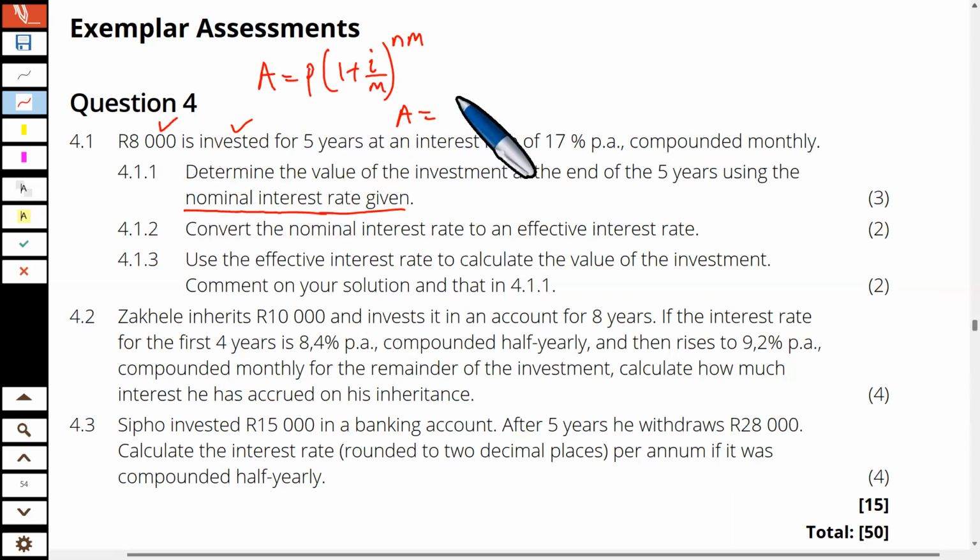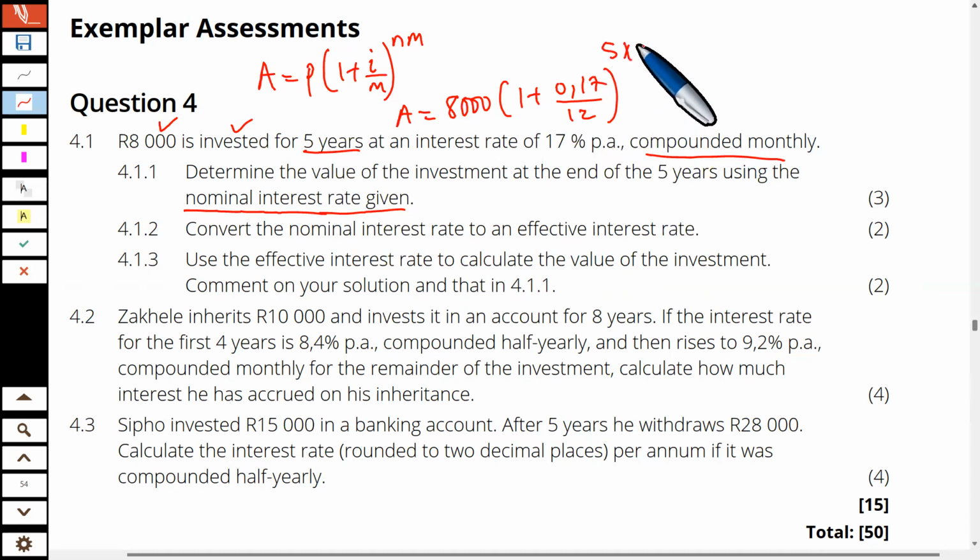It is 8,000. So 8,000 is the present value, into 1 plus, what is the interest rate? It is 0.17 divided by m. What is the m? In this case, it's compounded monthly. How many times per year? It's 12, 12 months in a year, raised to the number of years. How many years are they? The years are exactly 5 times 12.